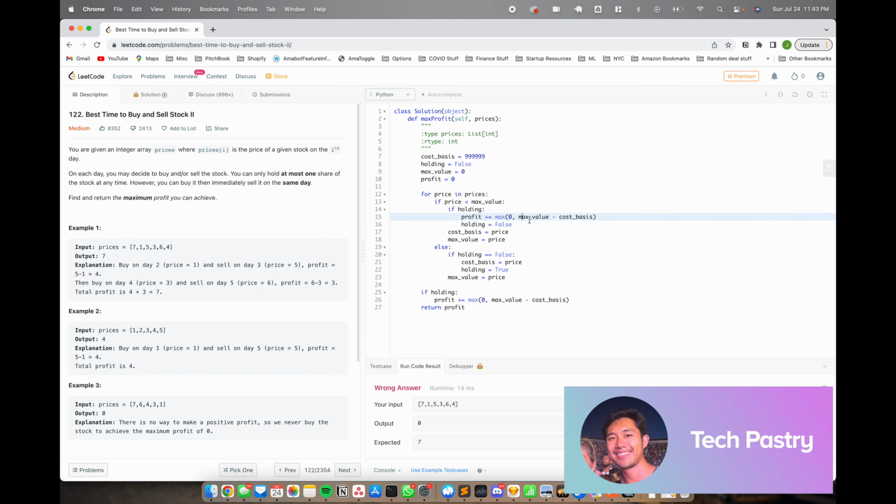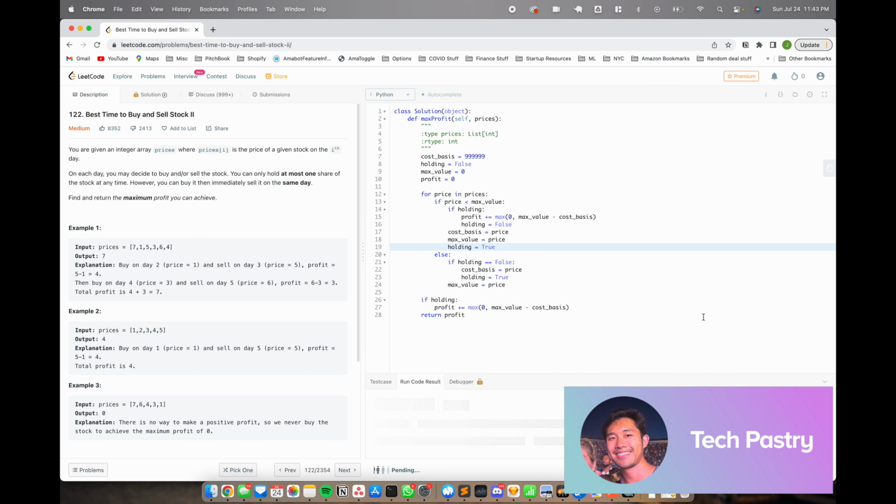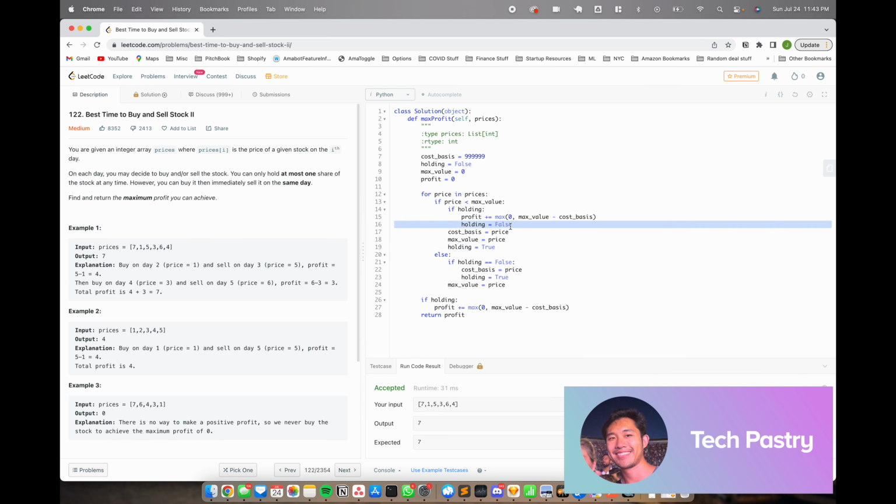So here, we forgot to set holding to true. Now we can take this out and still run it again.